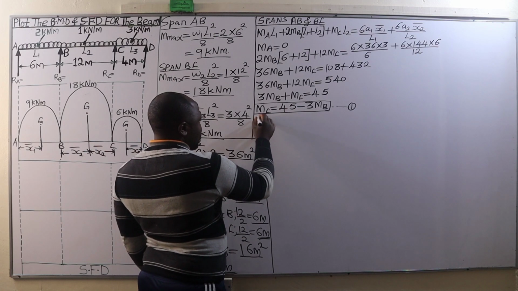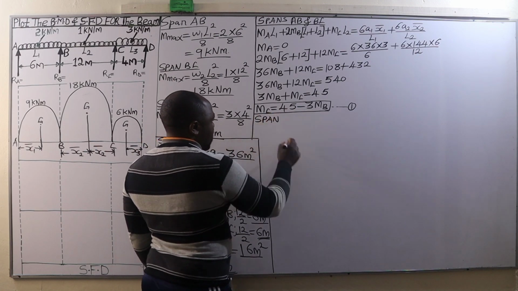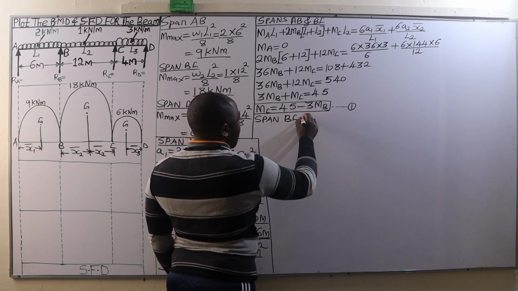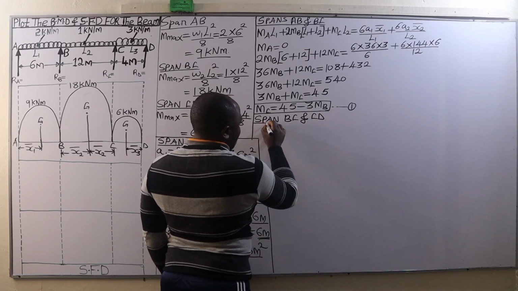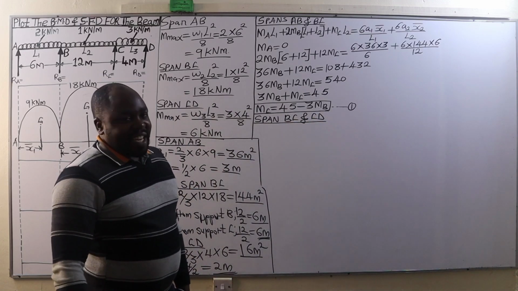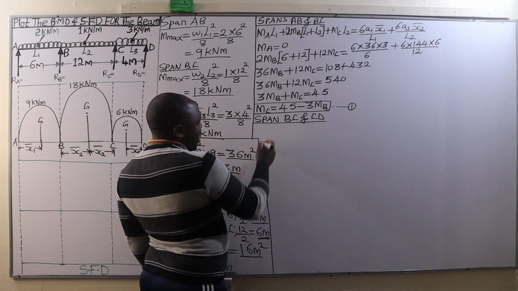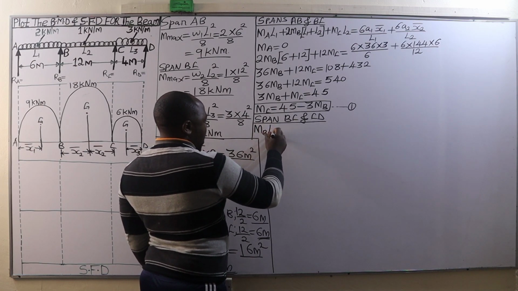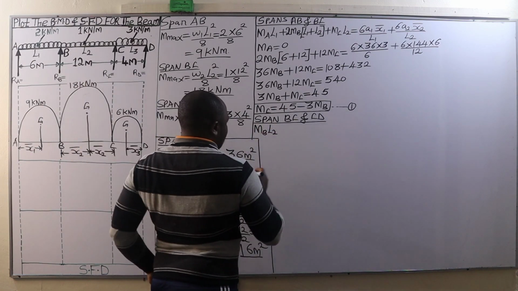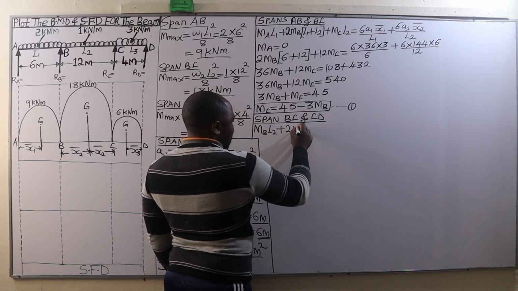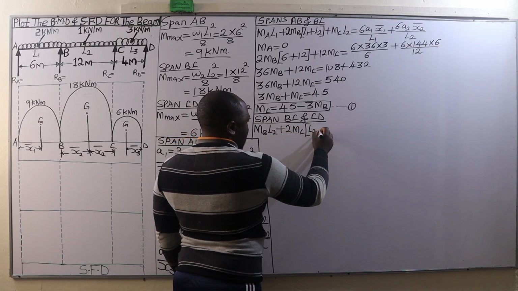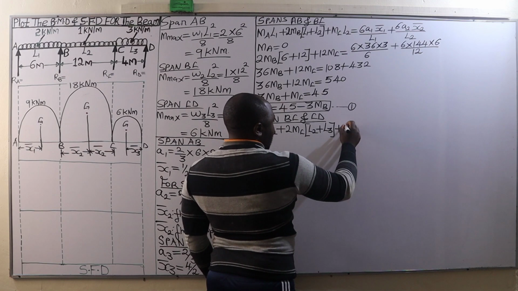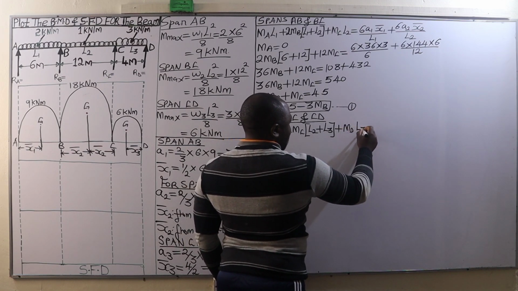Then from there we go to the span BC and CD. Applying the three-moment theorem, we are going to have MB L2 plus 2MC into L2 plus L3 plus MD L3.